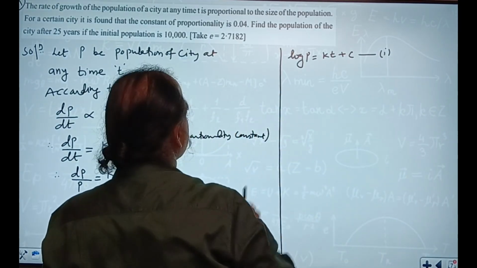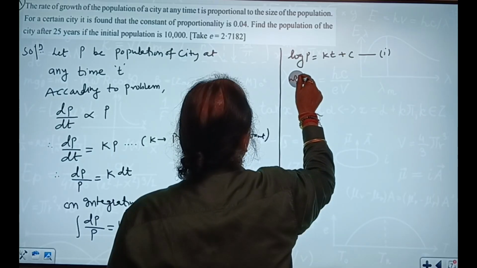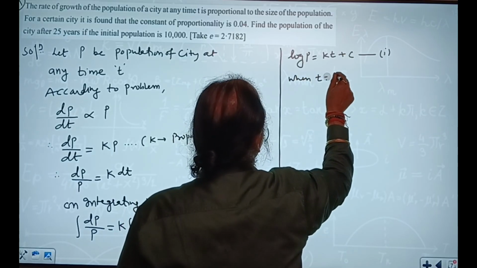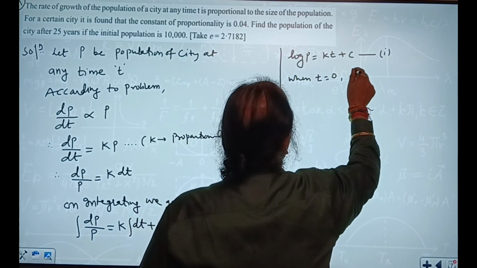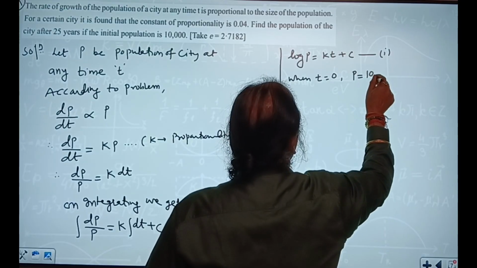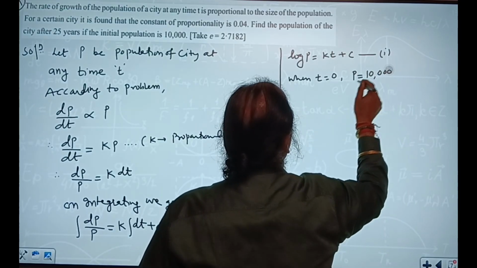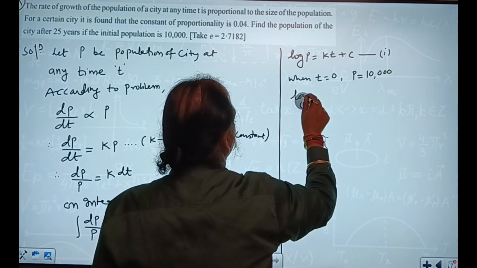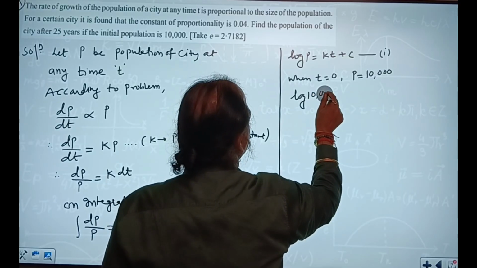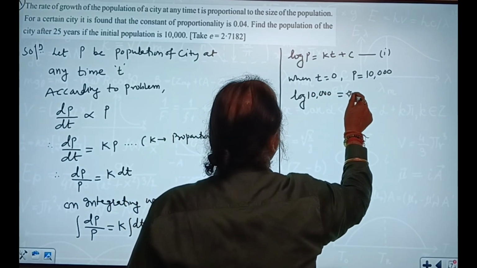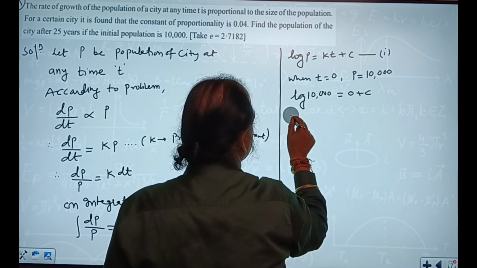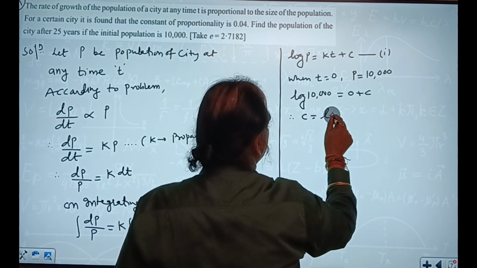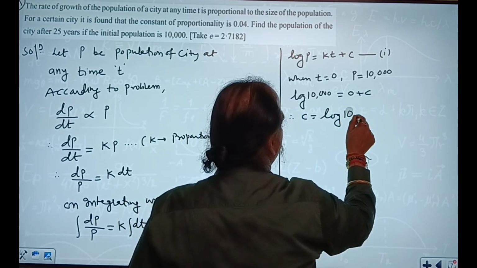Initial population is 10,000. When t is 0, P is 10,000. Log of 10,000 is 0 plus c. So c is log 10,000.